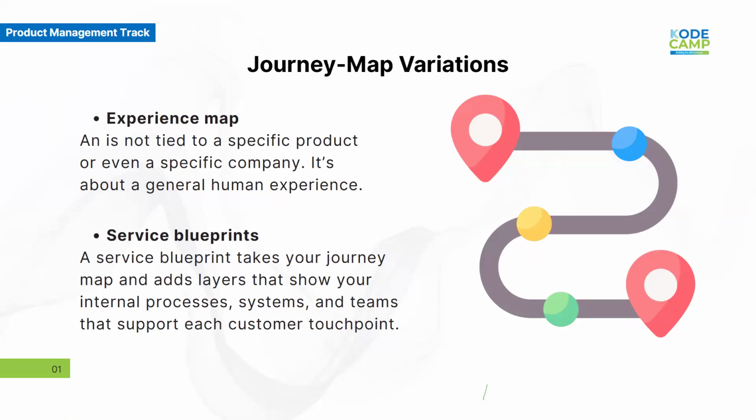But an experience map is a bit broader. It's not tied to a specific product or even a specific company. It's about a general human experience. Let's say we are looking at how people in general get from one place to another.